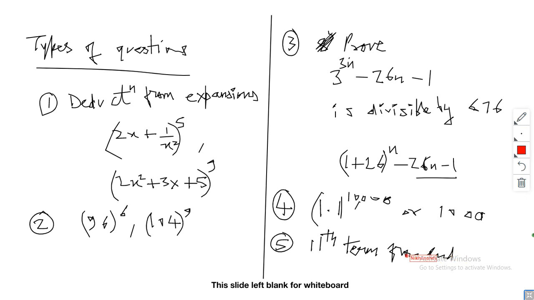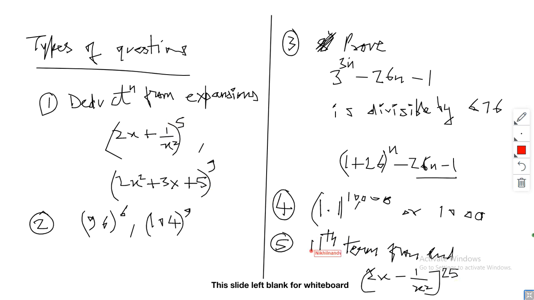It's (2x minus 1 over x squared) to the power of 25. So you will do 25 minus 11 plus 2, correct?